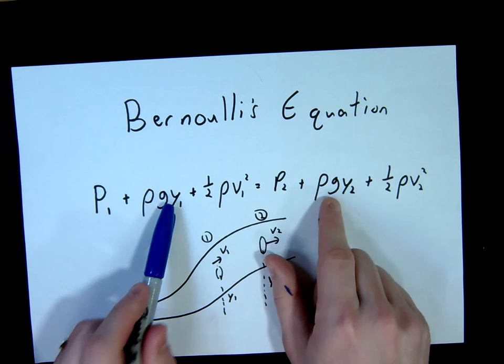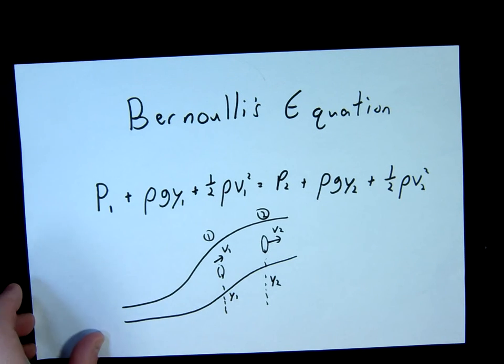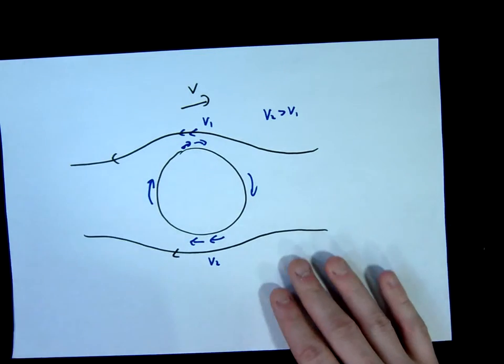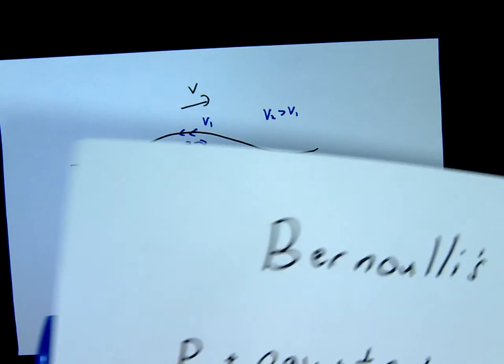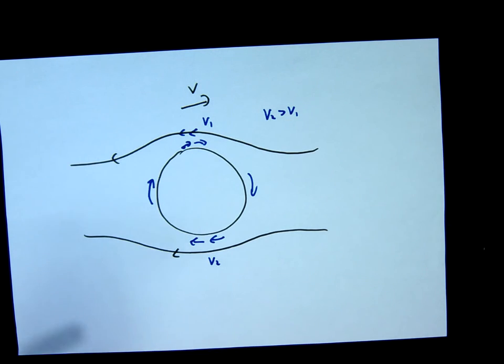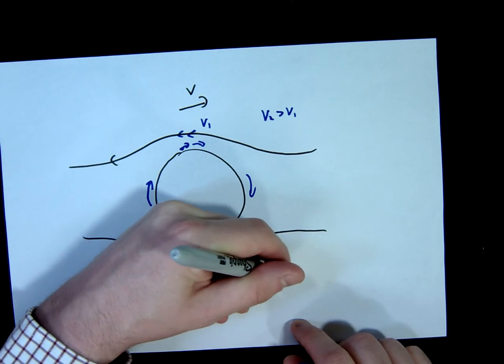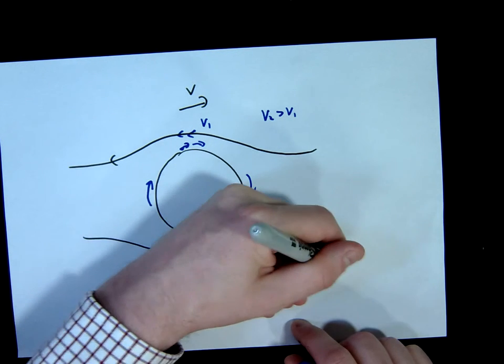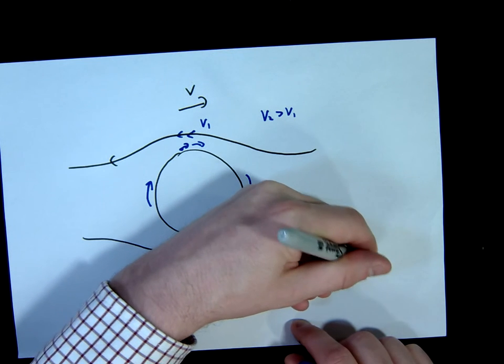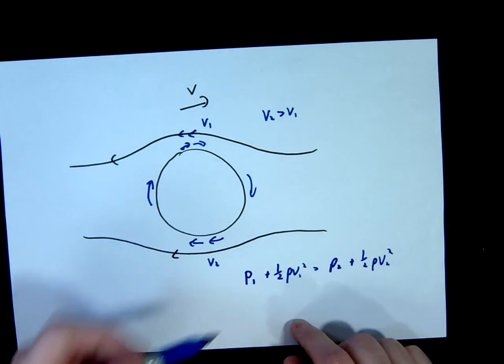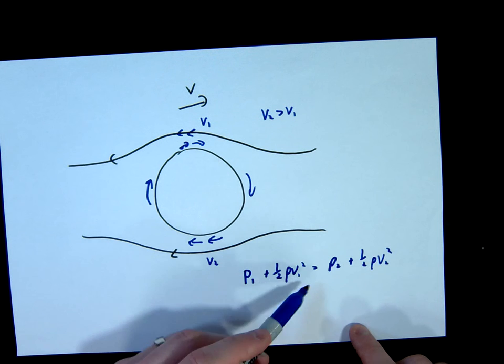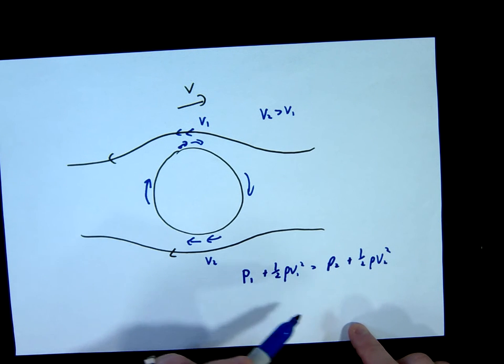So when we look at P1 plus half rho V1 squared equal to P2 plus half rho V2 squared, the differences in pressure will equal the difference in speeds of this fluid.